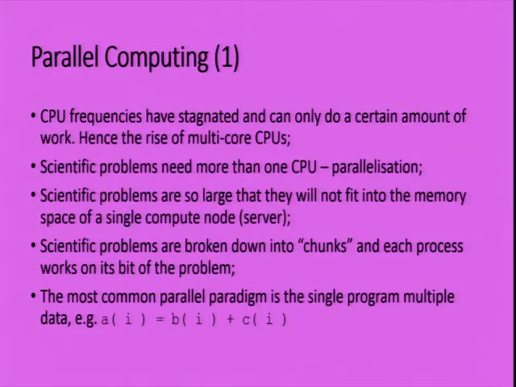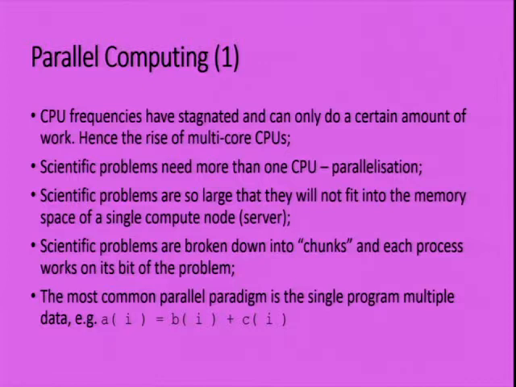Scientific problems need more than one CPU, and hence the need for parallelization. Also, scientific problems are so large that they won't fit into the memory space of a single machine, hence you have to use a number of them. So there are only two reasons why you parallelize. One is the problem is taking too long on a single machine, and the other is that you need more memory than a single machine provides.